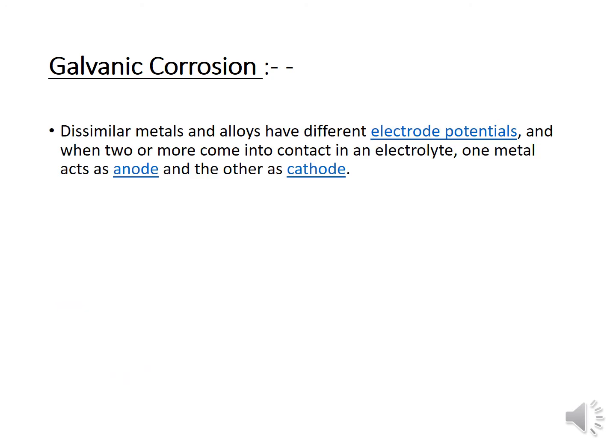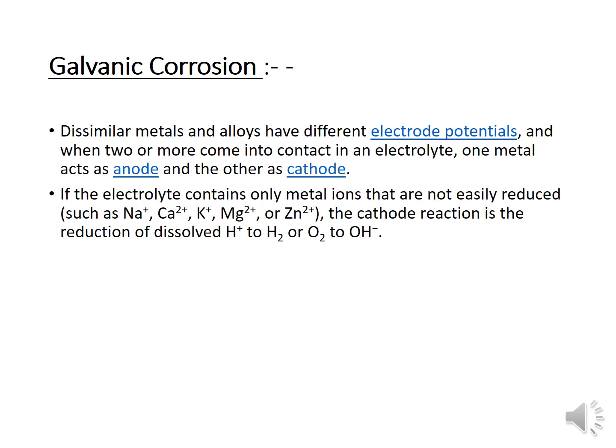Galvanic corrosion. Dissimilar metals and alloys have different electrode potentials. When these two are in contact with an electrolyte, any liquid medium or humidity, the metal having the lower position will act as anode and the other will act as cathode. If the electrolyte contains only one metal's ions, it is not easily reduced.